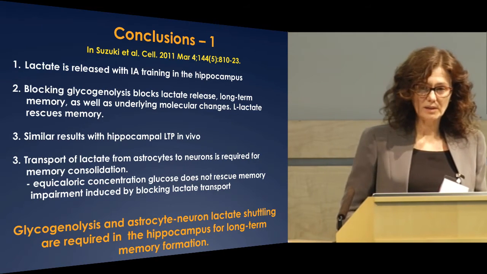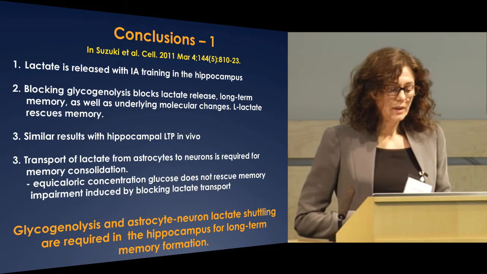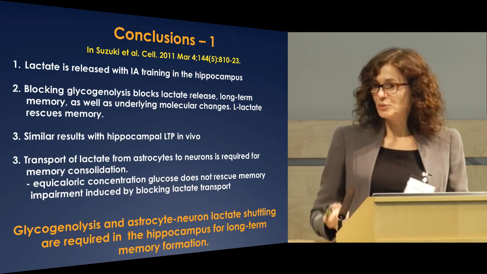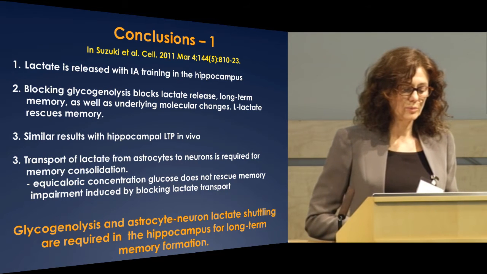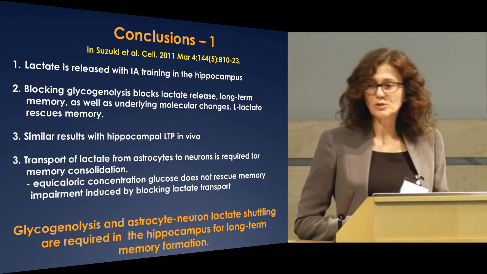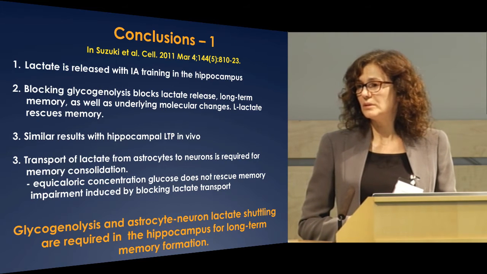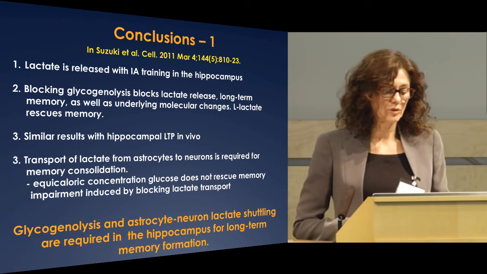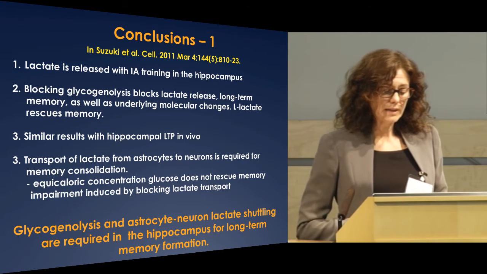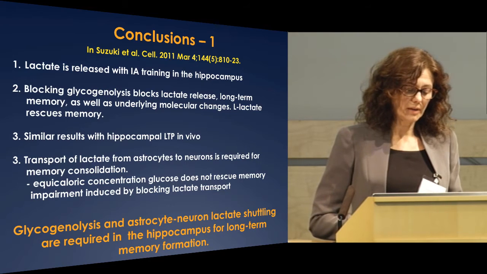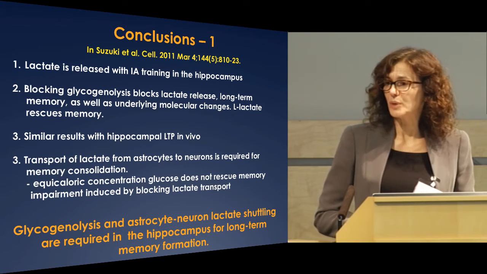Similar results are found with LTP in vivo. Transport of lactate from astrocytes to neurons is essential for long-term memory formation and for those changes required for long-term memory consolidation. Equicaloric concentration of glucose do not rescue these effects. So the conclusion is that glycogenolysis and astrocyte-neuron lactate shuttling are required in the hippocampus for long-term memory formation.